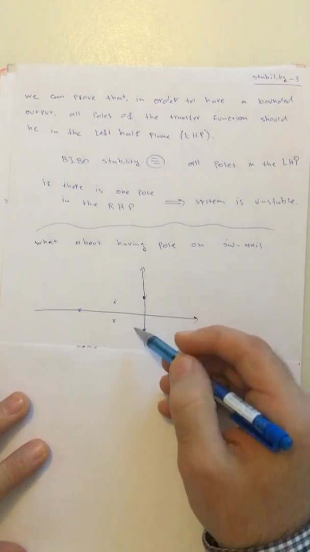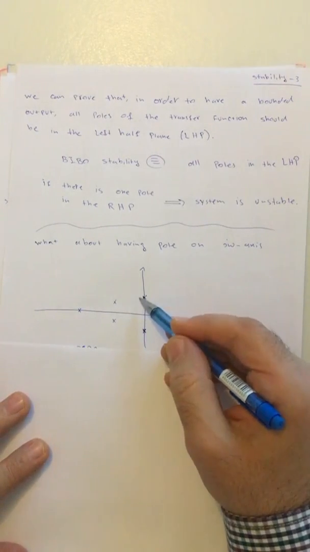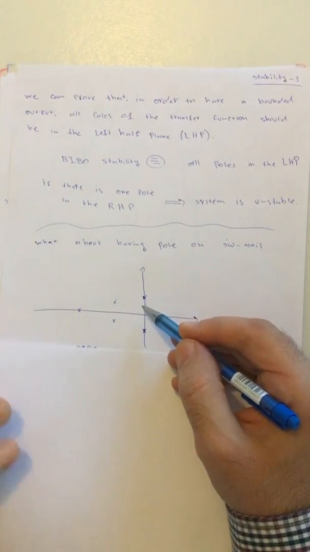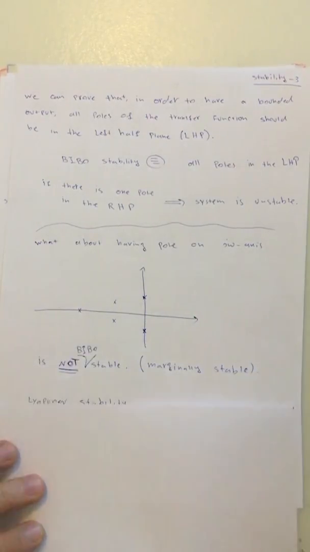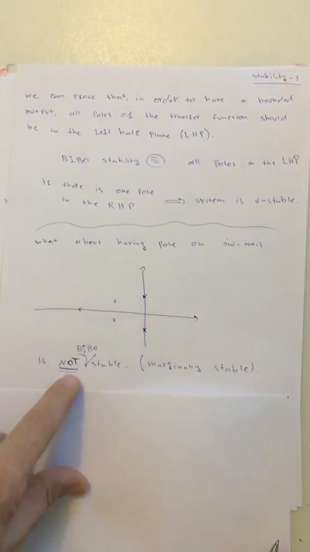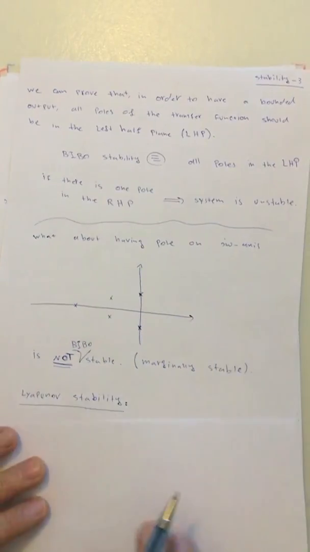But we should consider this case as a special case, because as I said at the beginning, there is not only one definition for stability. By the way, this system is not stable, it's not BIBO stable. But the other definition for stability is called Lyapunov stability.